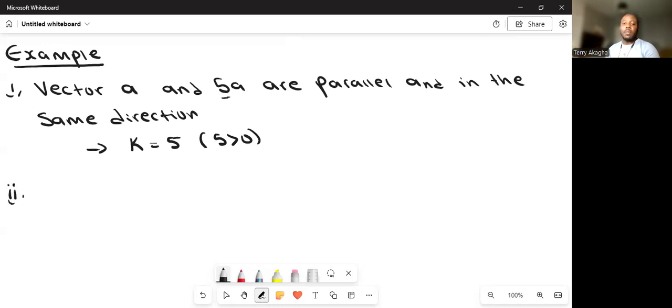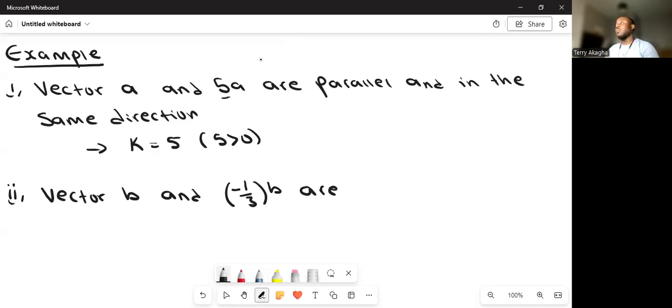Also, if you have something like vector B and another vector, -1/3 b, same thing, they are also parallel, but in opposite direction, or you can say exactly opposite direction.